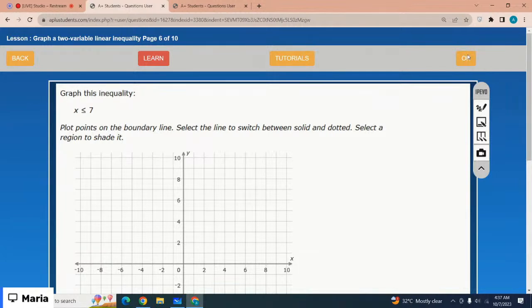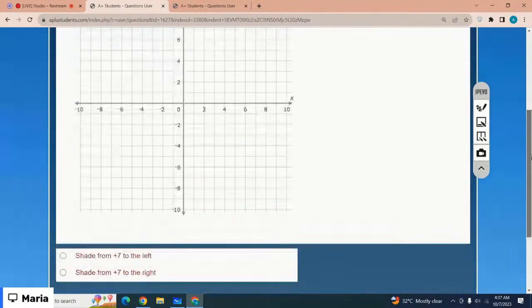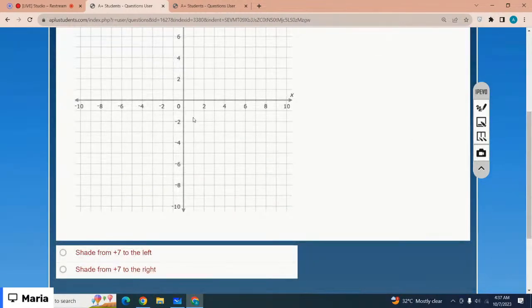Okay. Graph the inequality x is less than or equal to 7. So which is the correct option? Less than or equal to 7, that would be shade from positive 7 to the left.